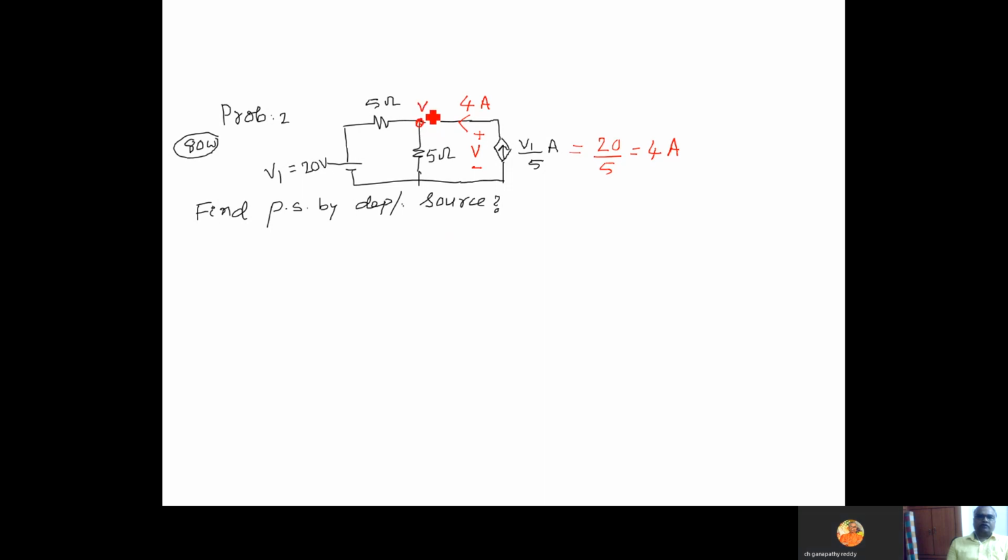V. Now with the help of nodal analysis, find the value of V. Assume this current is leaving. This current is already entering. So therefore 4 is equal to V by 5 plus (V minus 20) by 5. One unknown, one equation, and solve for V.